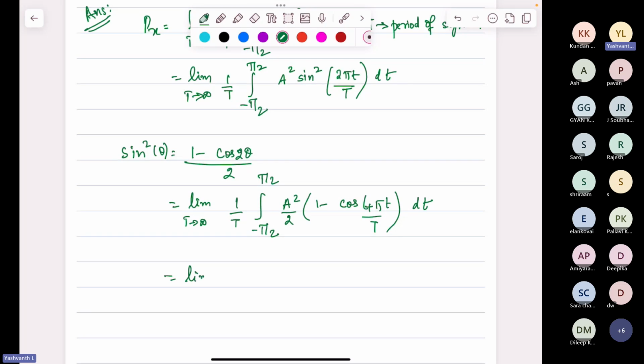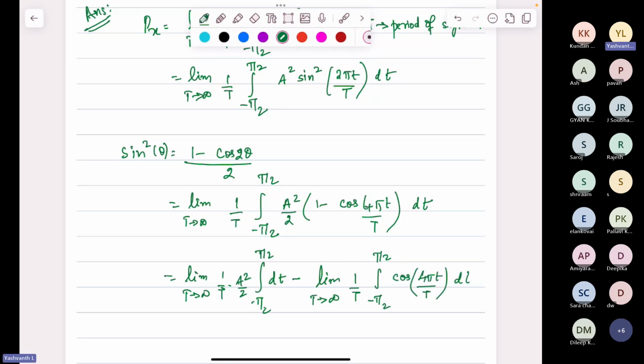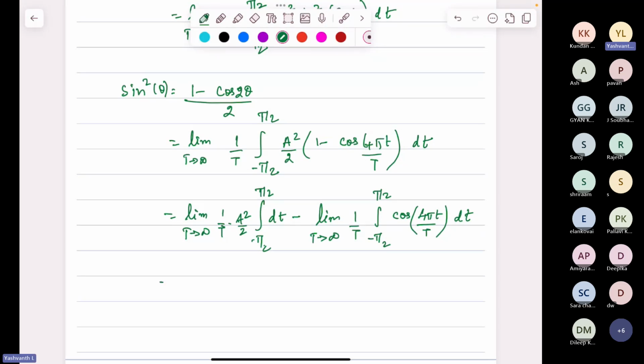This is nothing but limit T tends to infinity 1 by T into a square by 2 into integral minus T by 2 to plus T by 2 dt, minus limit T tends to infinity 1 by capital T integral minus T by 2 to plus T by 2 cos 4 pi t by capital T dt. Now this is nothing but limit T tends to infinity 1 by T into a square by 2 into T by 2 minus of minus T by 2, which is equal to T. So T gets cancelled.